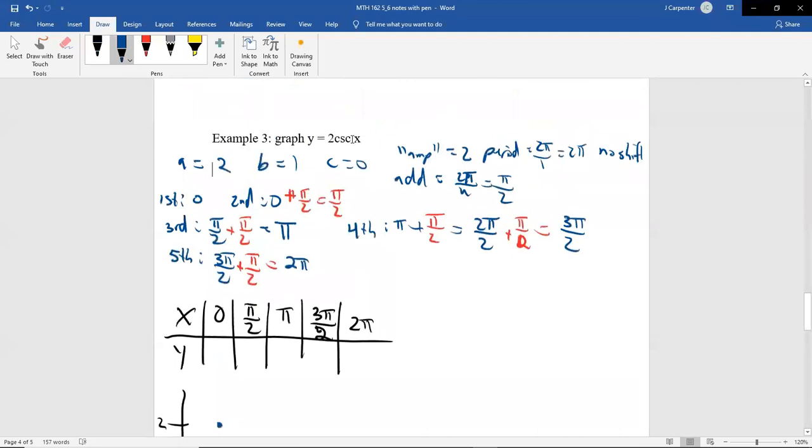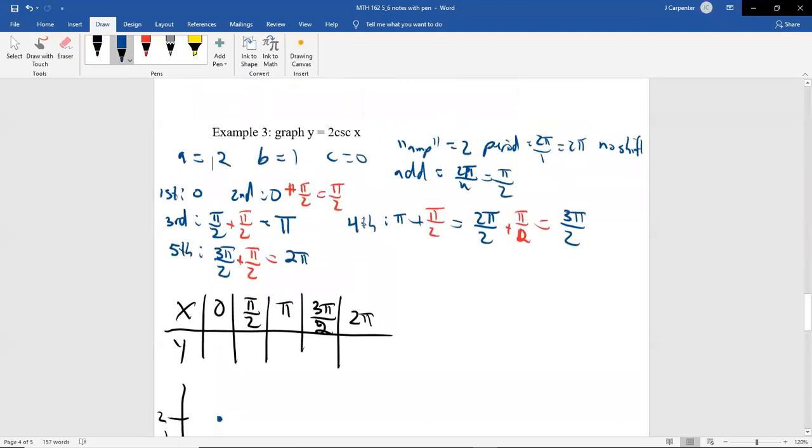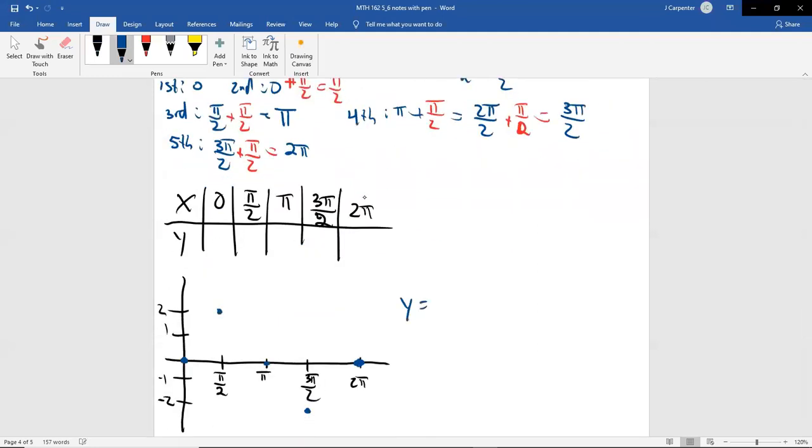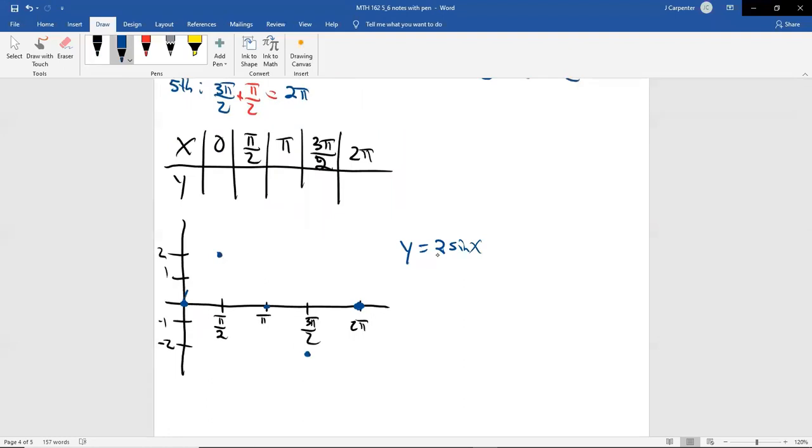So we're supposed to graph a cosecant, which means we flip the sine graph. So what this is, y equals 2 sine of x, not just sine, 2 sine of x, which is why these points are at 2 and negative 2. And then you get your nice, pretty sine wave with heights of 2 and negative 2 for the peaks and valleys.